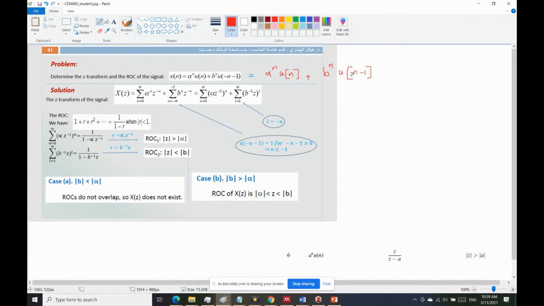What if we change the variable here? We give this another name, say m. So m is equal to minus n minus 1. So that means that n is equal to minus m minus 1.